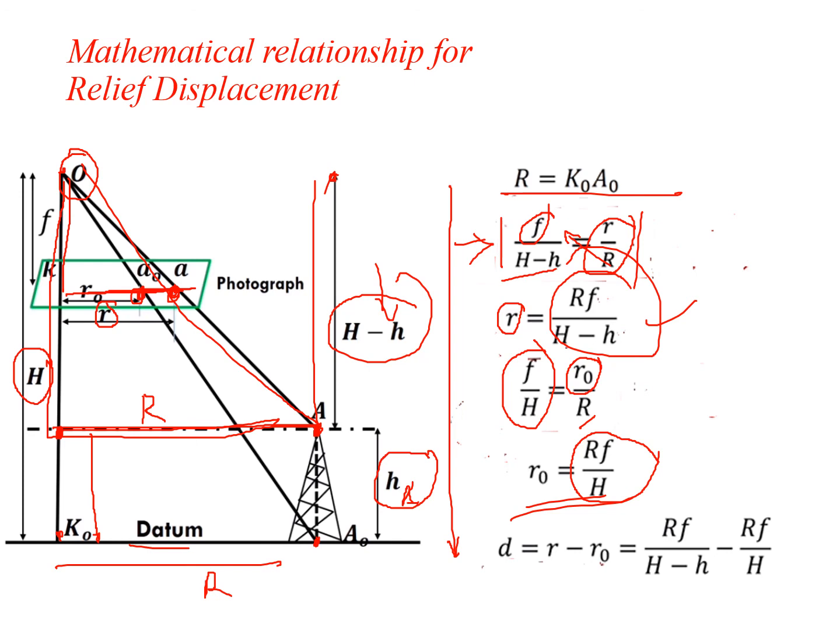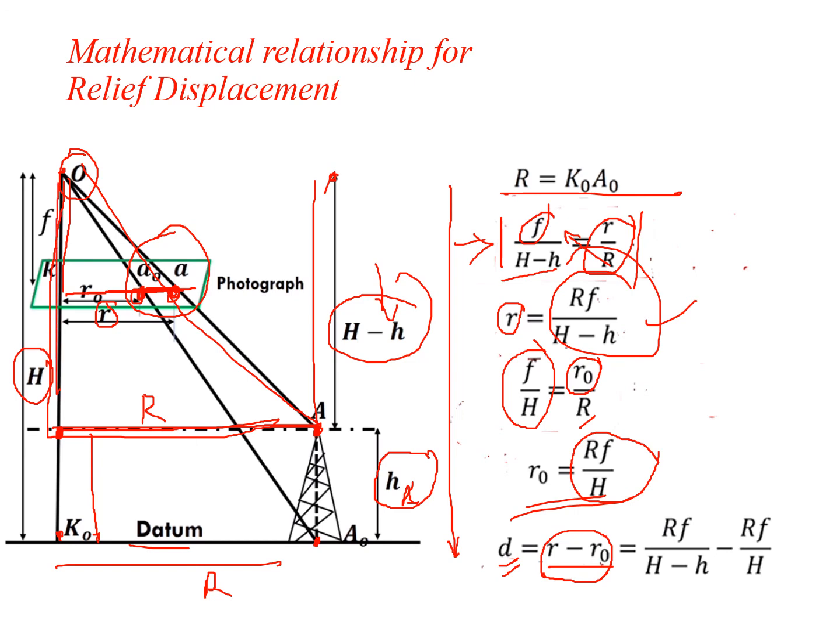Now we want to find the relief displacement d, which is equal to R minus r0. That is very similar to a and a0. So R minus r0 is nothing but this distance, which is a minus a0, because a is at more distance from your optical axis.